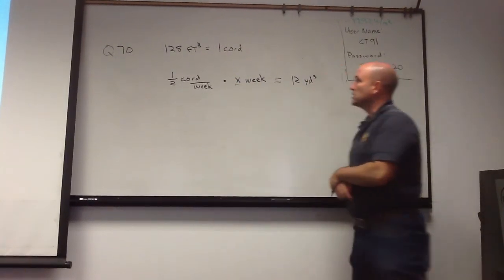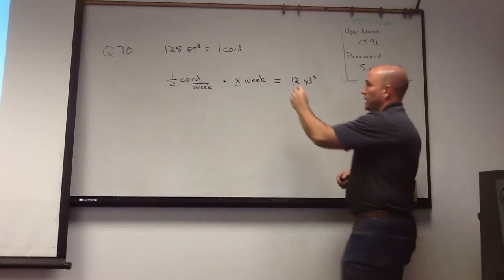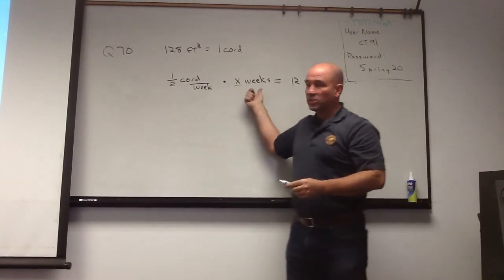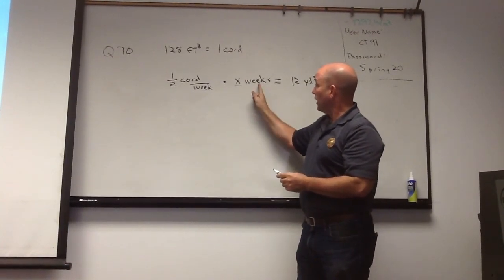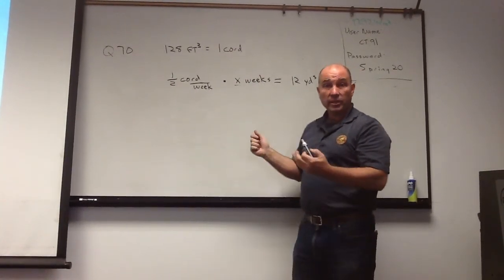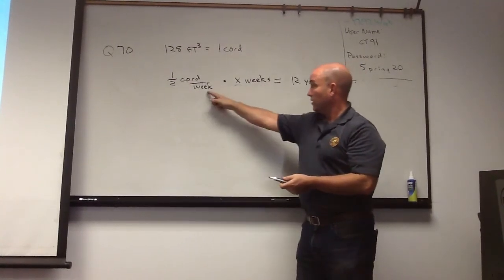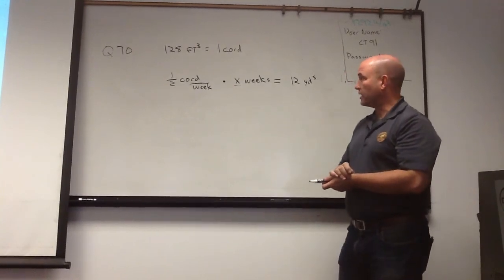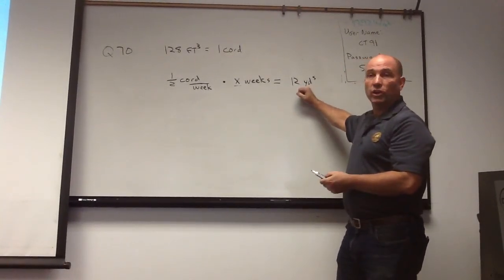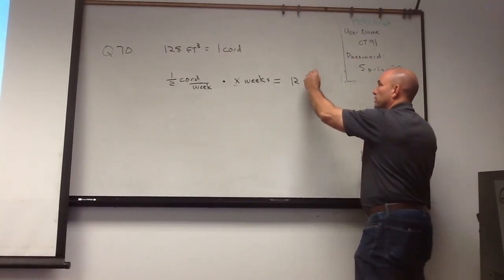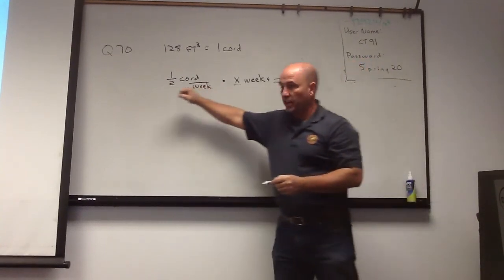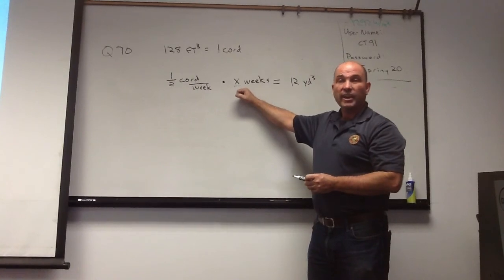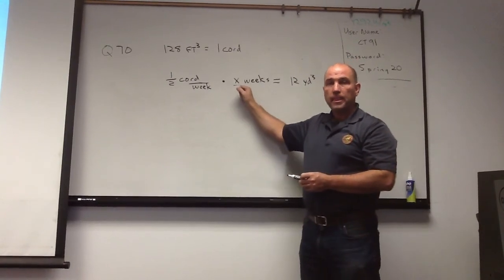That's the x. And if you notice, it says cord per week, so it sort of helps us to know what to do. Like, we would end up with weeks divided by week, and that would get rid of those units. And then if we think about it practically, I have a certain amount of wood, that's the cubic yards of wood, and I burn it at a certain rate, and the question is, how long could I burn it for? And it kind of makes sense, right?